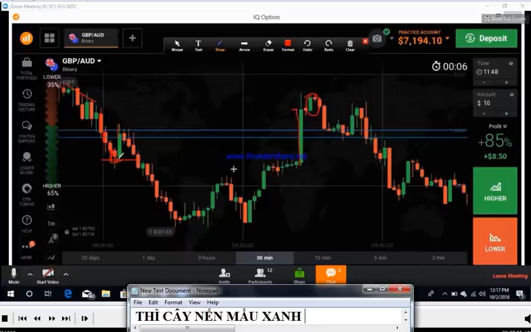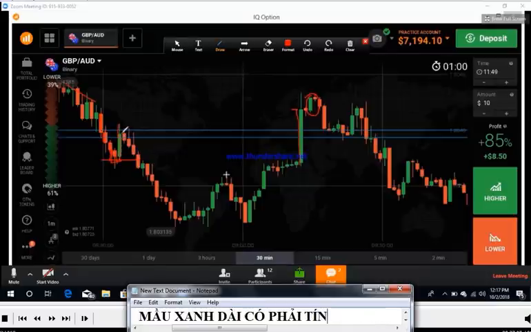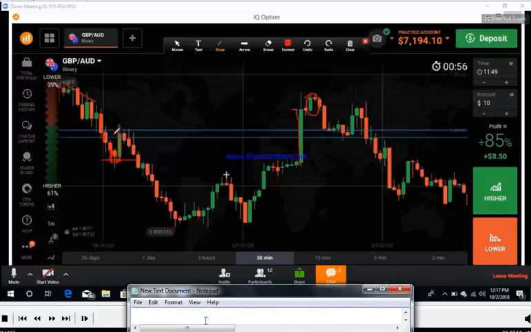There are so many sellers, and some buyers who are interested in entering the market. They entered. You can see the strong bullish candle, but they couldn't break this level because there are not enough buyers to break this level.